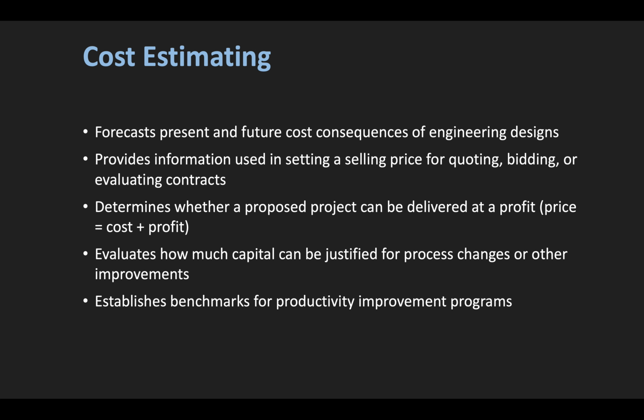It's really to forecast the present and future cost consequences of engineering designs, and provide information used in setting a selling price for quoting, bidding, or evaluating contracts. Right? This could be for a sale, for bidding on a project, or evaluating the feasibility or financial benefit of certain contracts. Right?